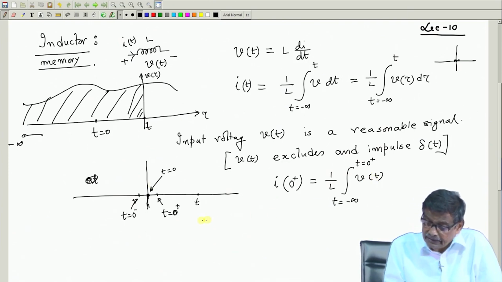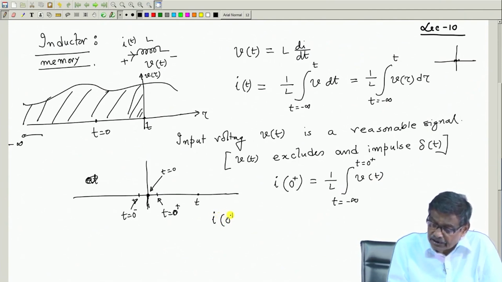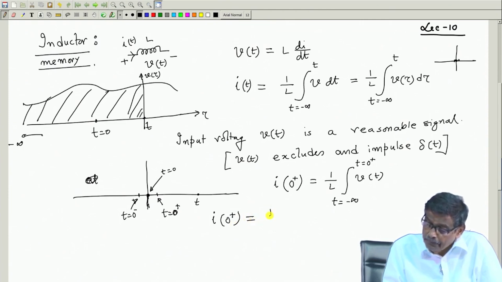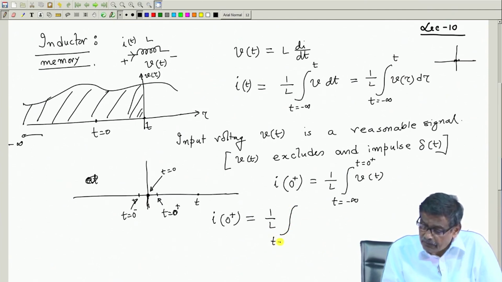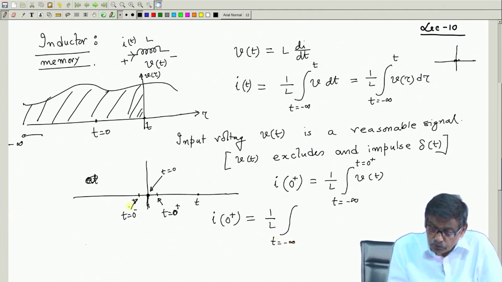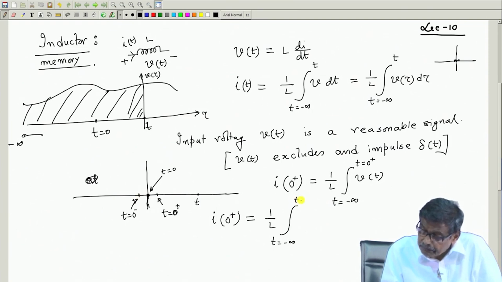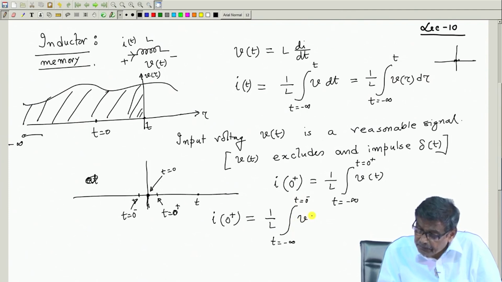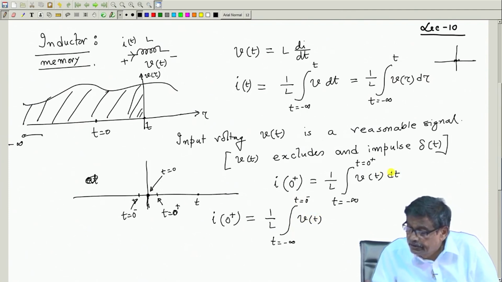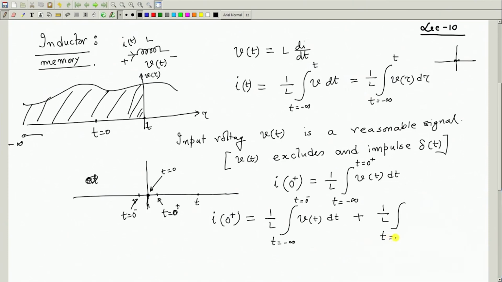Now, this step is very crucial. I 0 plus will be equal to 1 by L. This integration I will break up into two parts: t equal to minus infinity to t equal to 0 minus of v t dt, I am sorry, there is dt here, you are doing integration, plus 1 by L integration from t equal to 0 minus to t equal to 0 plus of v t dt.